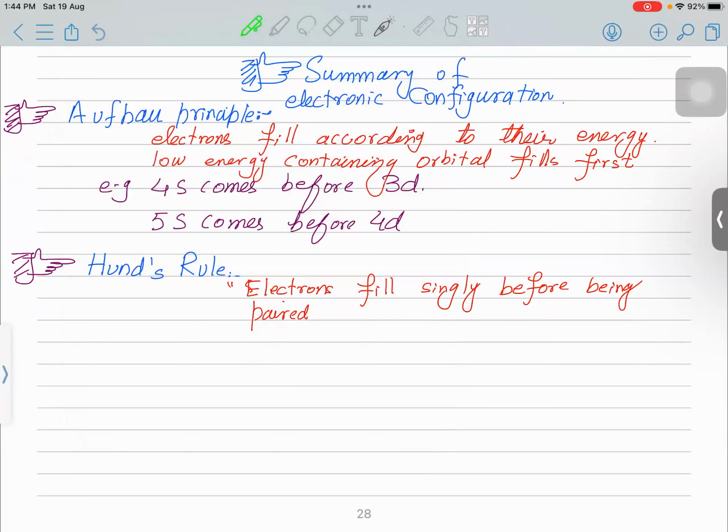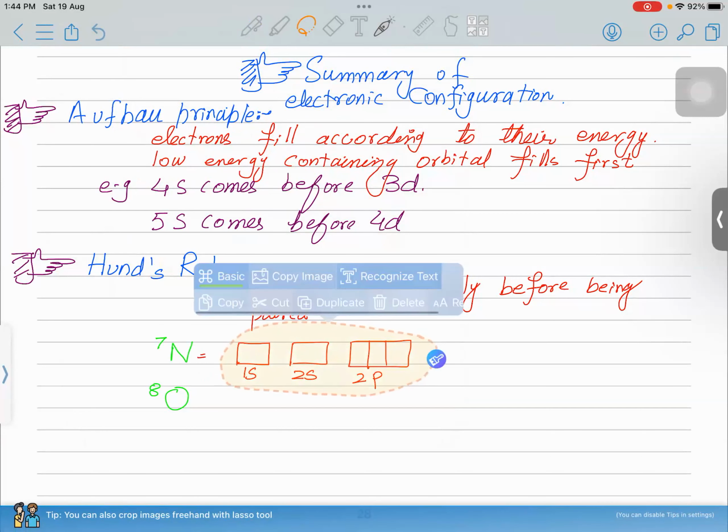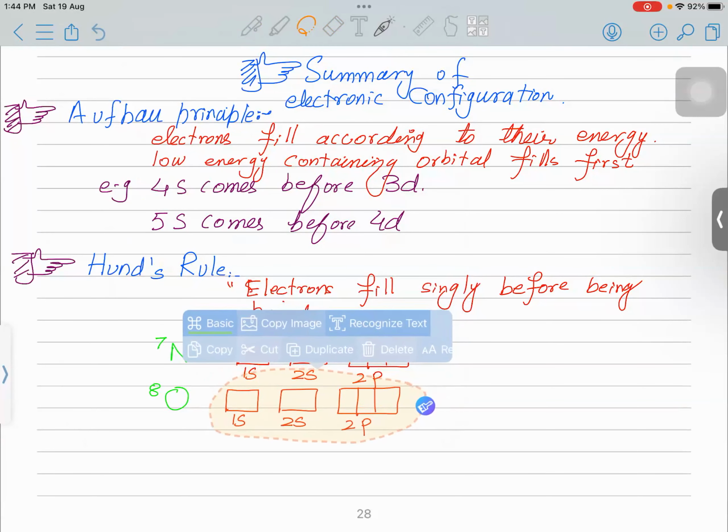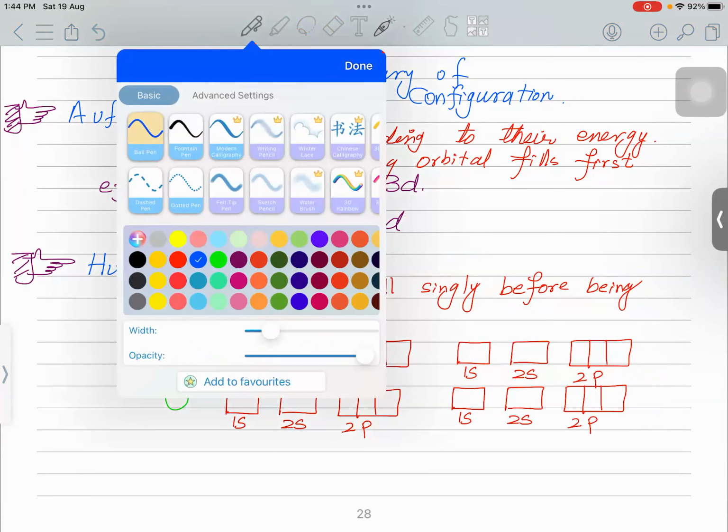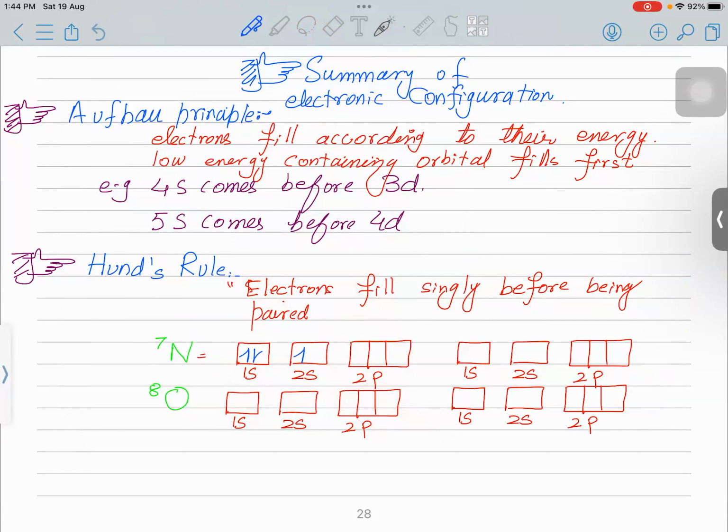For example, nitrogen 7, oxygen 8. For nitrogen, 1s2, 2s2, 2p3. Writing 2p with paired electrons is wrong because electrons do not fill singly before being paired.